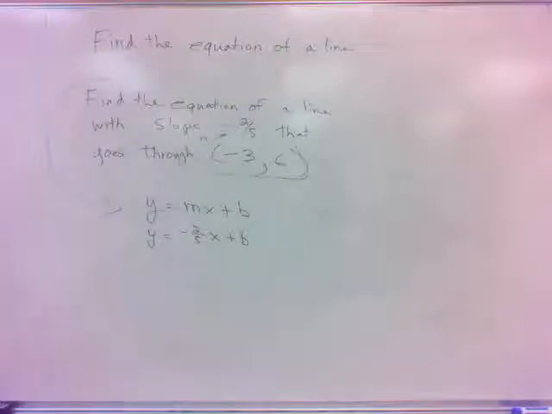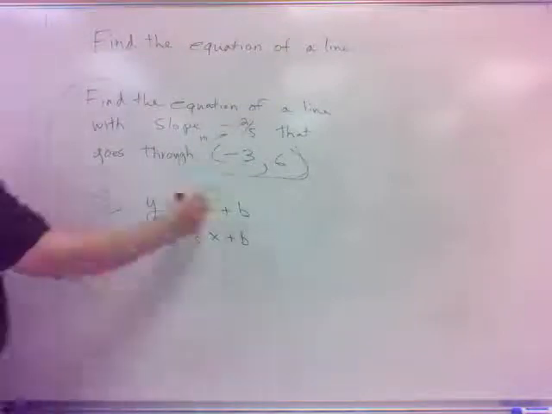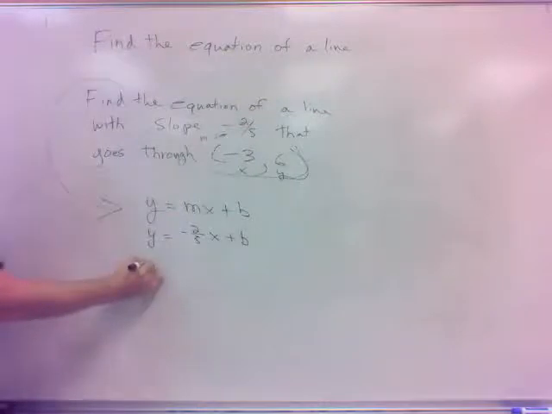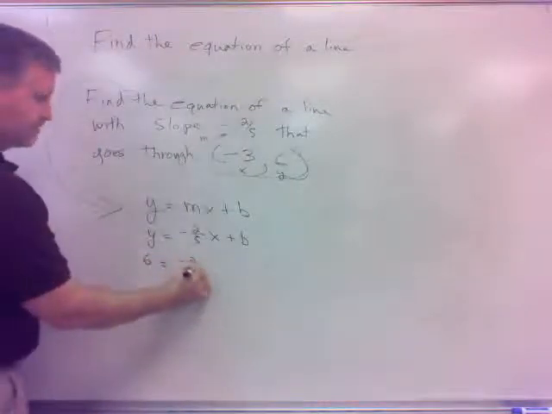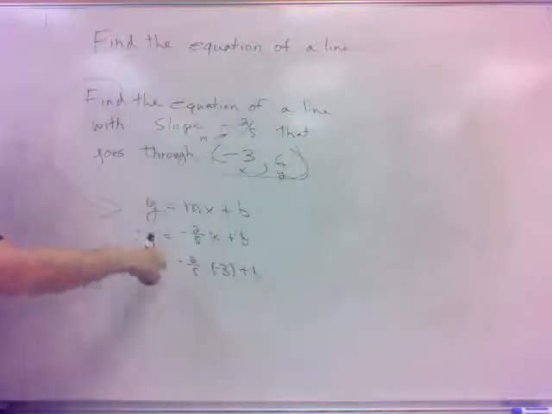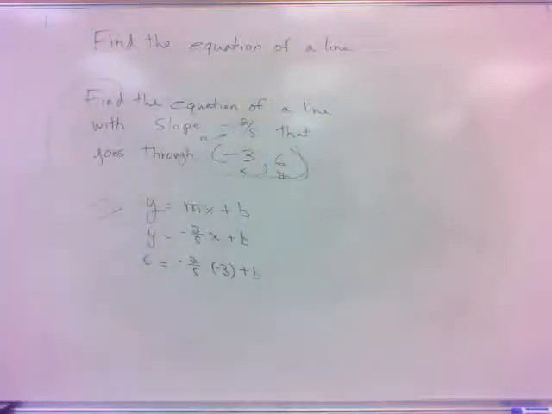The way I can find the b is, well, I've got an x comma y. Neither one of those is b, but if I take those as an x comma y, I can plug those in for x and y respectively down here. The x is negative 3, the y is 6.